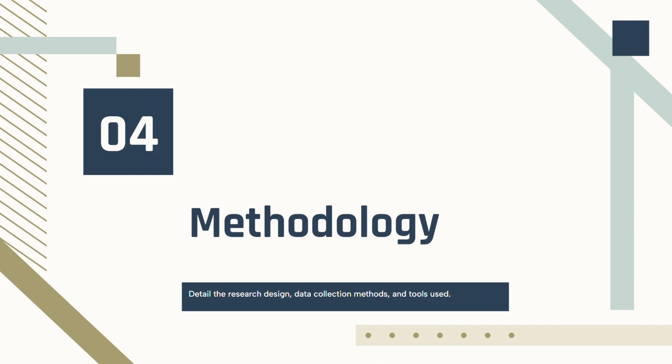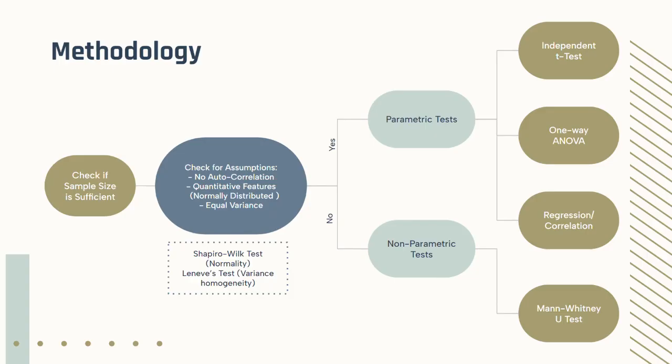Moving on to the methodology of our whole process, we have followed this path where we initially checked if the sample size was sufficient. If the sample size is large enough, which it was, it was enough to portray our analysis more accurately.